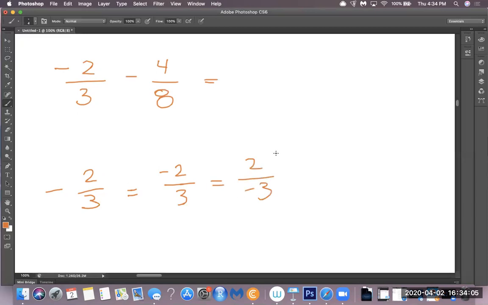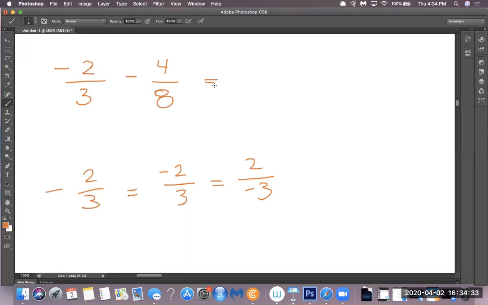These 3 fractions mean the same thing. They all mean -2/3. So no matter what, the 2/3, whatever it equals out to, would be negative. It doesn't matter if you have it on the top, in the bottom, or in the middle. It's just -2/3.